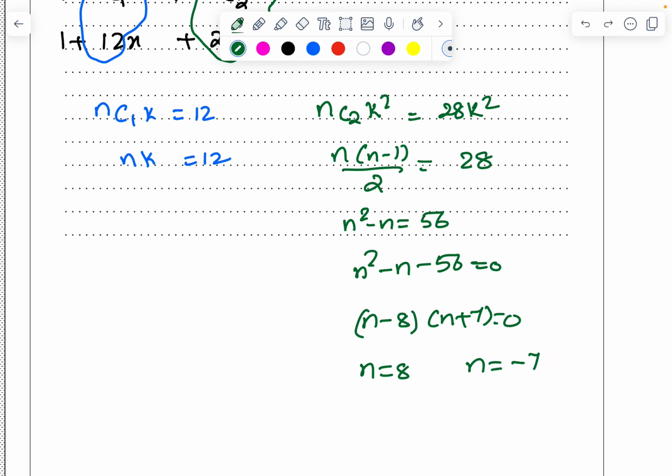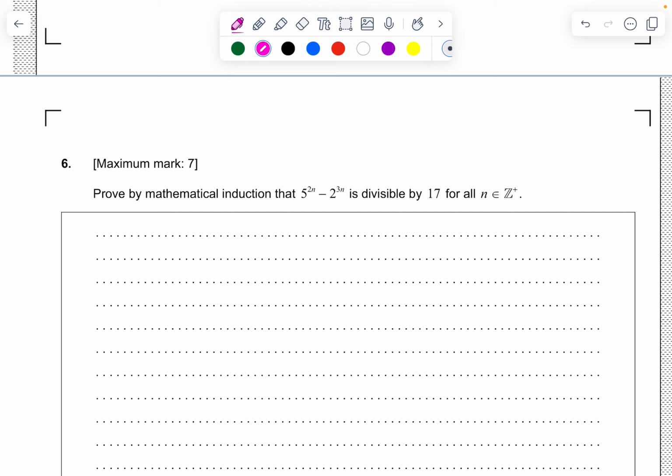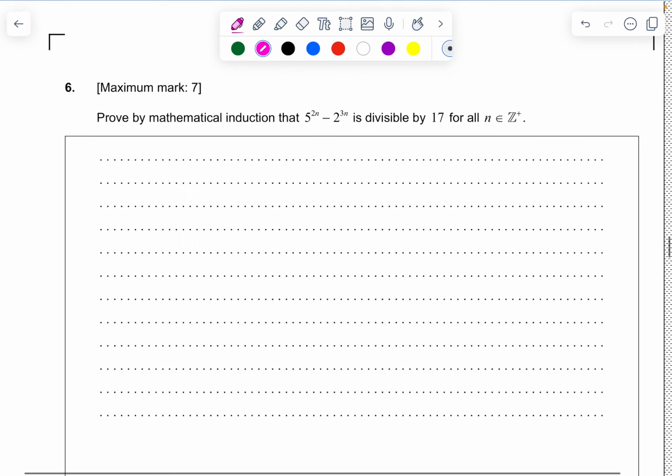Now come to question number 6. What is question number 6? Prove by mathematical induction that 5 power 2n minus 2 power 3n is always divisible by 17. How many marks is the question? It is a 7 marks question.